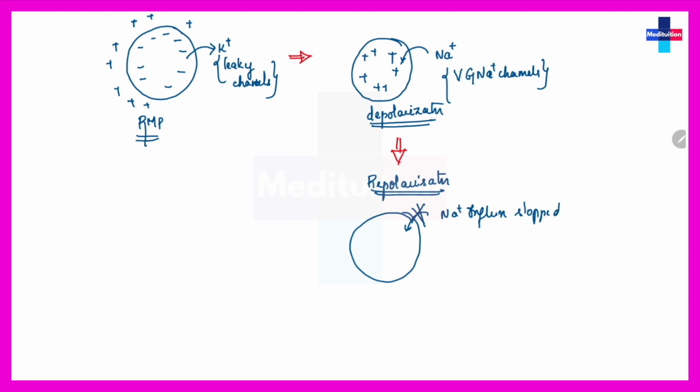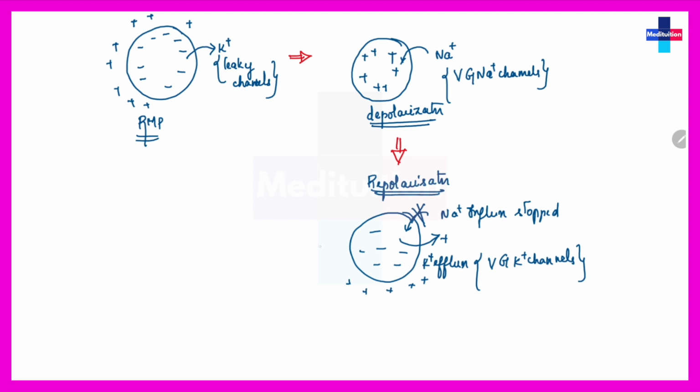Then further potassium efflux will be there, so that they can revert back to their resting membrane potential level. This happens by voltage gated potassium channels. VG in the sense voltage gated potassium channels. So inside it becomes again negative and outside it becomes again positive.